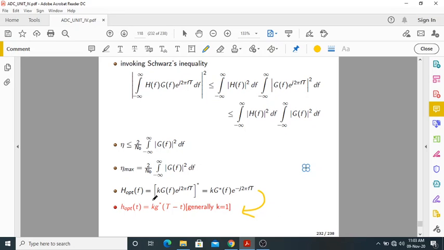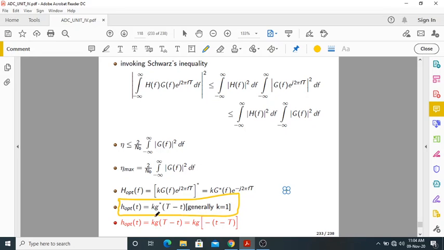Now generally we take k equal to 1. So the optimum h of t equals g of capital T minus small t. Here I am not writing conjugation because I assume that g of t is a real signal, but this is a generalized expression for the impulse response of an optimum filter: k into g conjugate of capital T minus small t.